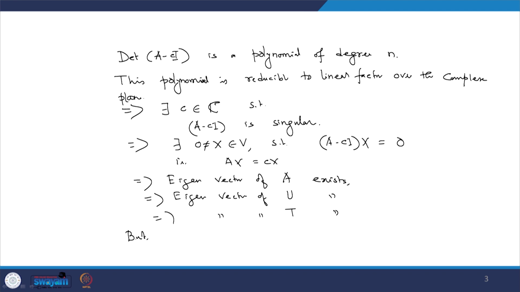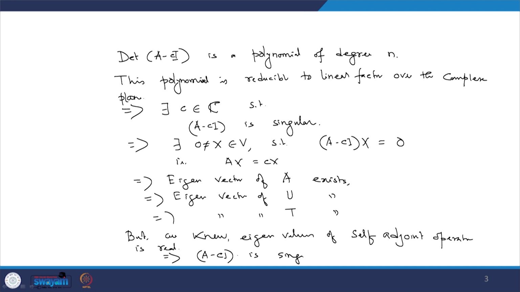But we know the eigenvalues of a self-adjoint operator are real. I mean, all the eigenvalues of the self-adjoint operator are real. So, this implies A minus C I is singular and 0 not equal to x also exists. Here it is important to say, if it is self-adjoint, then all the eigenvalues are real. So, this implies the characteristic polynomial will have all the coefficients over real.